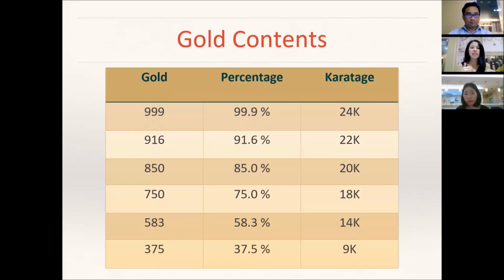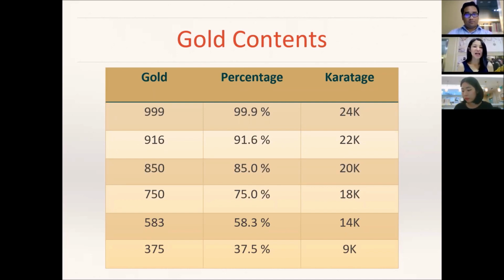This slide teaches us how to compute the difference between things like 24K, 22K, 20K, 18K, 14K, and 9K. Just so that you know, these are the karat of gold metal. They are not the carat, which is the weight of the diamond. Karat is actually the gold content of jewelry metal.